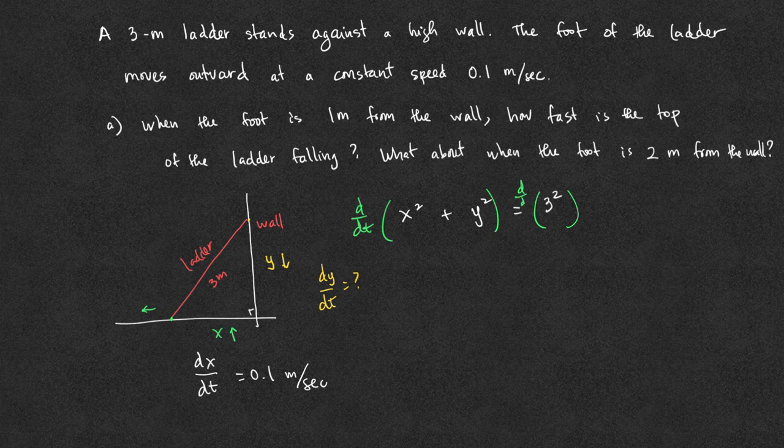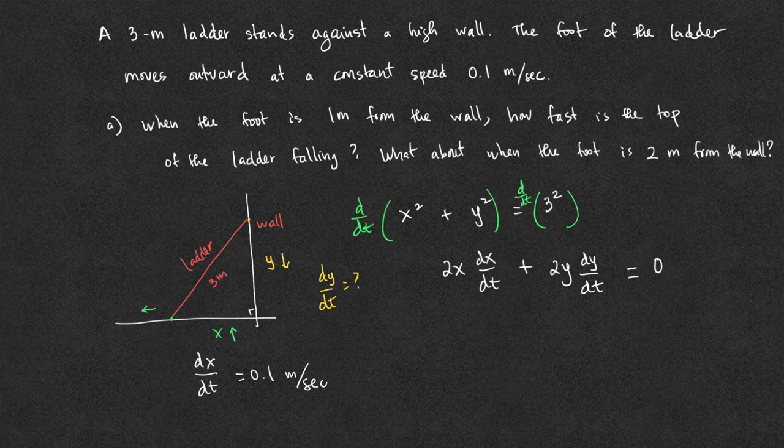Not x, not y, but with respect to t. d/dt of x squared is 2x dx/dt plus d/dt of y squared is 2y dy/dt, implicitly. And don't forget to differentiate the right hand side as well. d/dt of 9 is 0.